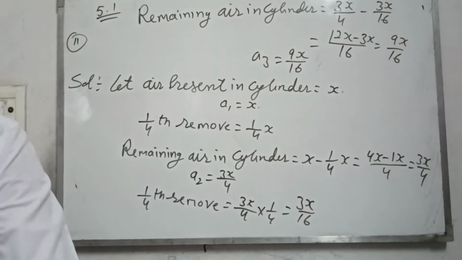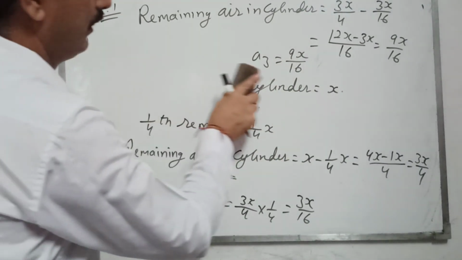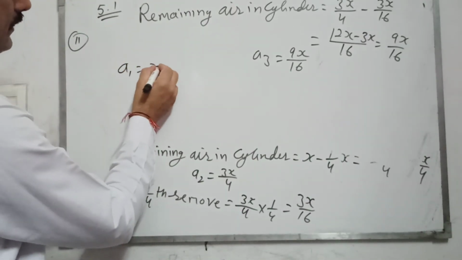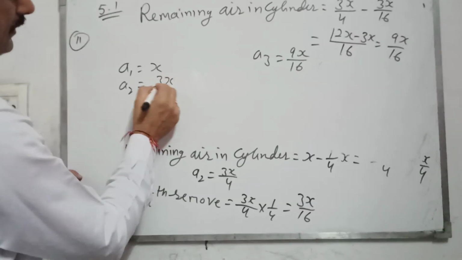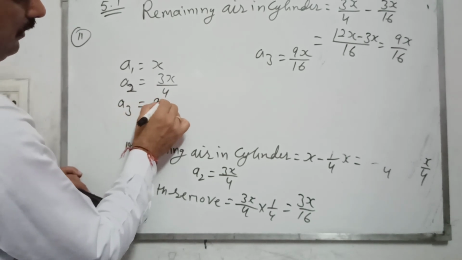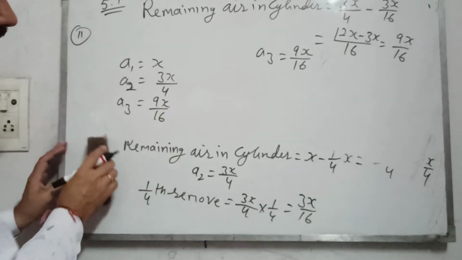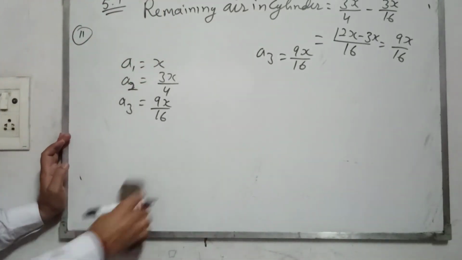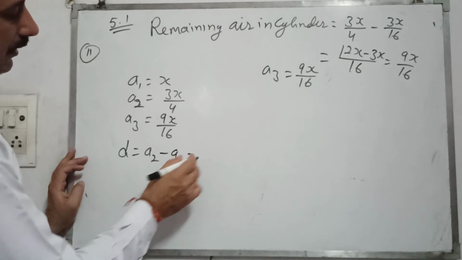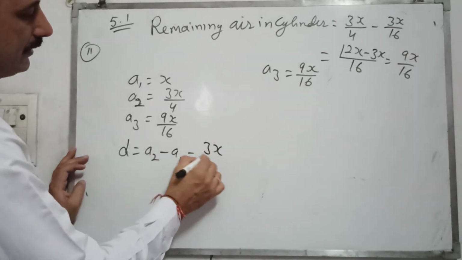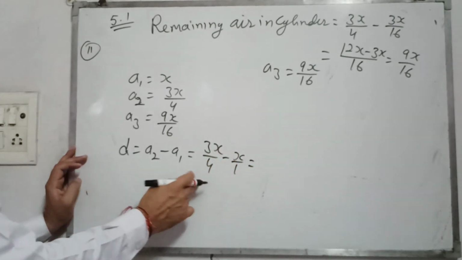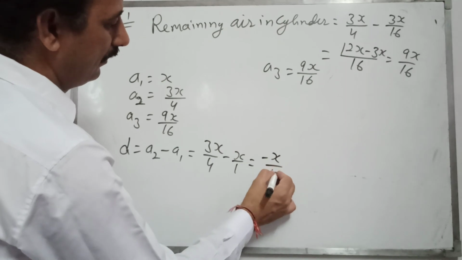Now we have A1, A2, A3. A1 is X, A2 is 3X upon 4, and A3 is 9X upon 16. Then we find D. A2 minus A1 is 3X upon 4 minus X, so it becomes minus X upon 4.